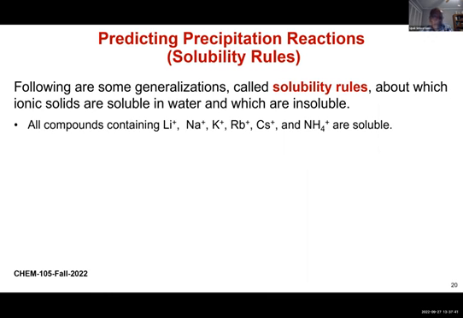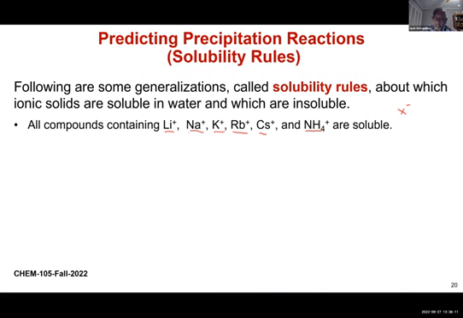If you take any compound that contains lithium, sodium, potassium, rubidium, cesium, or ammonium, the anion could be anything: sulfate, chloride, bromide, any anion.